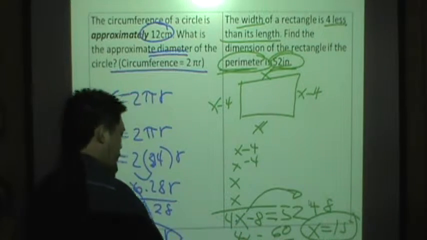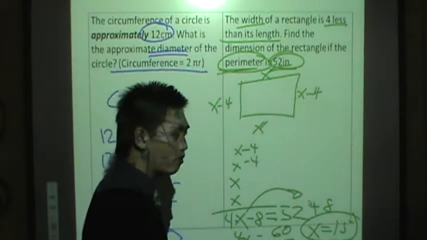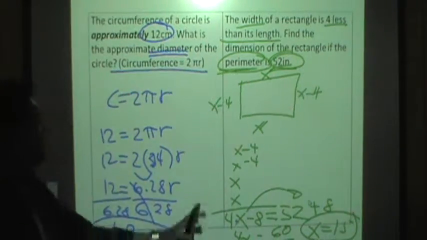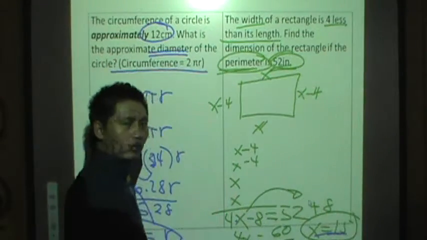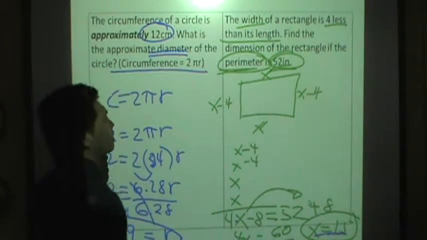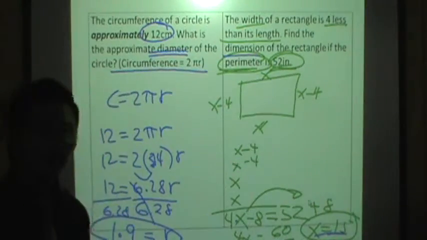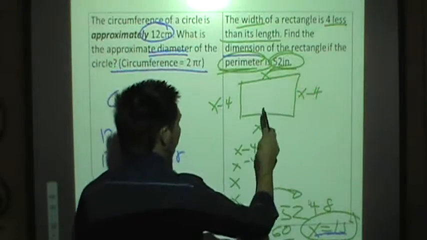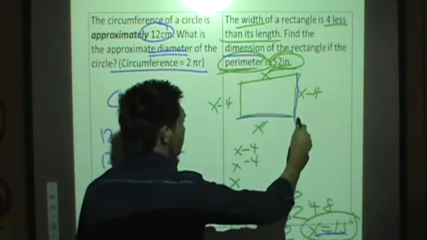Now, a lot of you, when solving for x, think that after you solve for x, you already found the answer. No, in this problem, we know x is equal to 15. But if you go back to the question, it says find the dimensions. Dimensions in this shape means you want to know the length and you want to know the measure of the width.